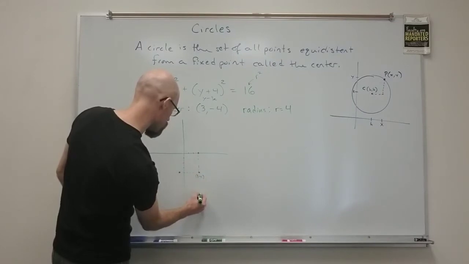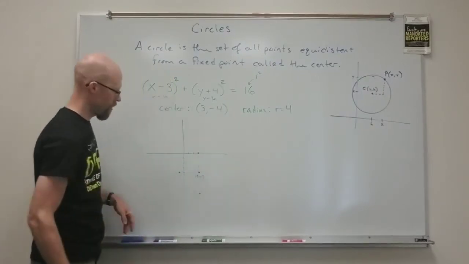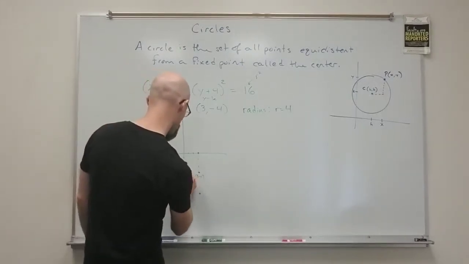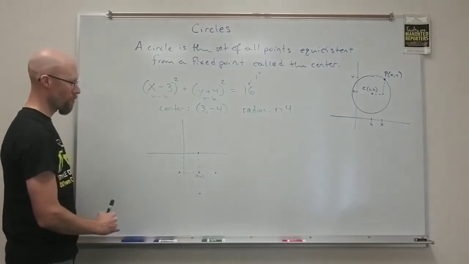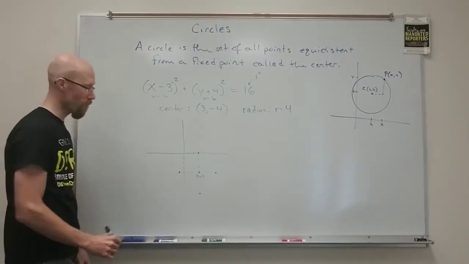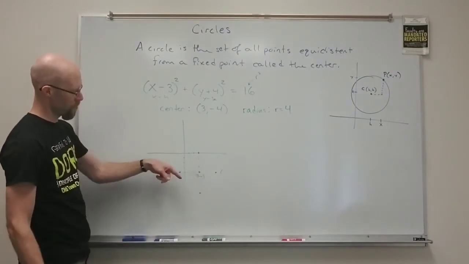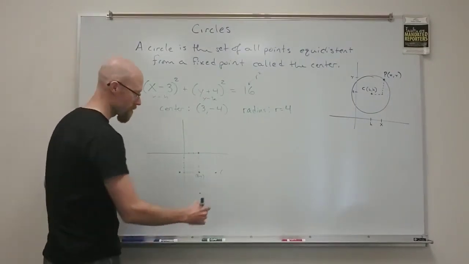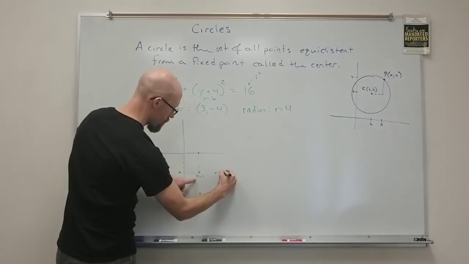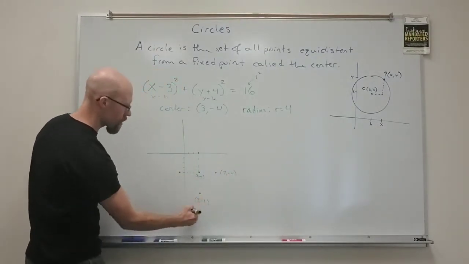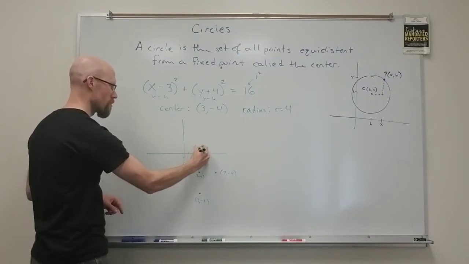And I'm just drawing these kind of rough, right? That's just a rough sketch of where they would be, rather than plotting all the details there. And then over that way, 4 more units would put me at (7, -4). So my 4 sort of cardinal directions, north, south, east, west points, are going to be (7, -4). Here it's (3, -8). Here it's (3, 0).